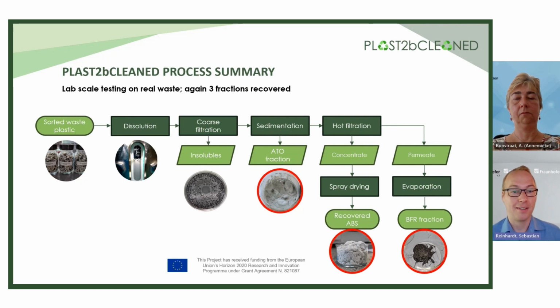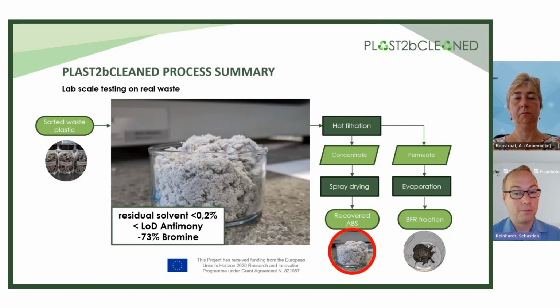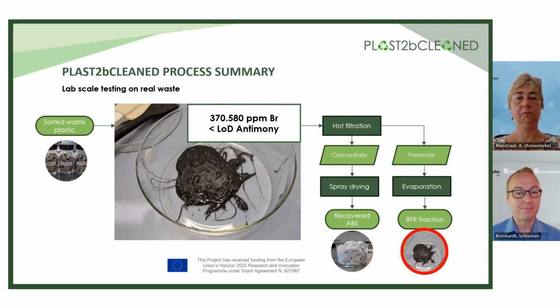When you look at the real waste fractions, again, we recovered 3 waste fractions. Here I mainly want to mention the recovered ABS, which even has a residual solvent content of less than 0.2%. Again, the antimony content is below the detection limit, and the bromine reduction is still quite high, at 73%.